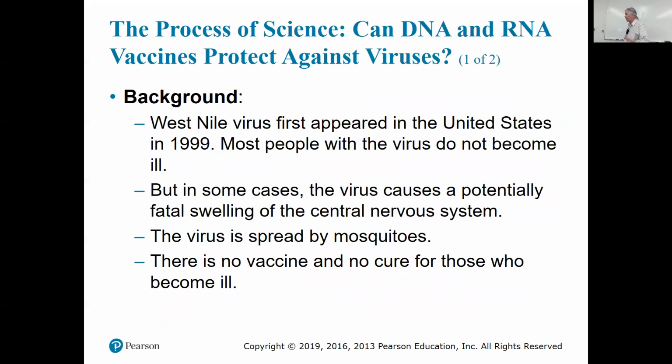So West Nile virus. We have these new viruses always popping up, and new variants of viruses. You know, we have the variants of coronavirus. These are mutations. Their DNA polymerase or RNA polymerase also makes mistakes, and that's where these new variants come from, mutations.